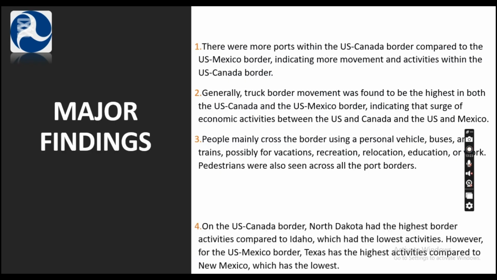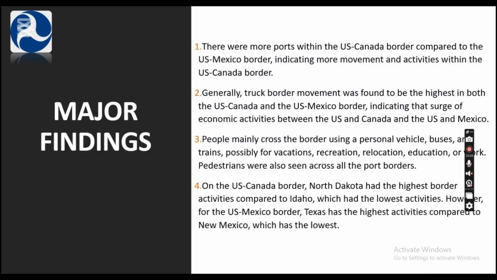Then the fourth one is on the US Canada border. North Dakota has the highest border activity, just like I said earlier, compared to Idaho, which is just the lowest activity, right? So when you compare it with the US Mexico border, you realize that Texas has the highest activities compared to the New Mexico border, which is actually the lowest.